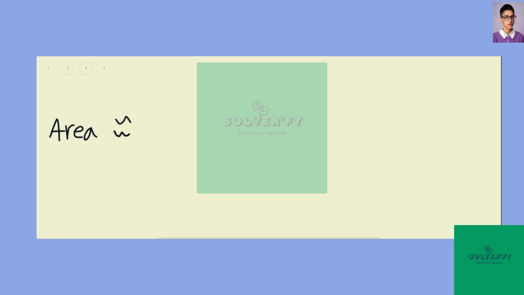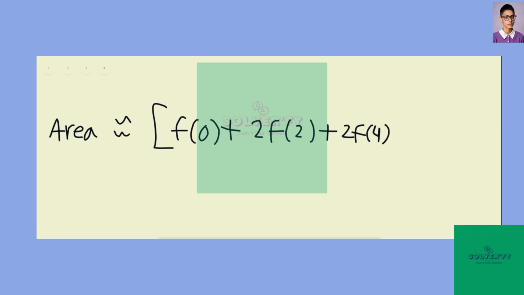So it's equal to 2 over 2, so we're not even going to write anything. f of 0 plus f of 2 plus 2f of 2 plus 2f of 4 plus all the way up to f of 20.